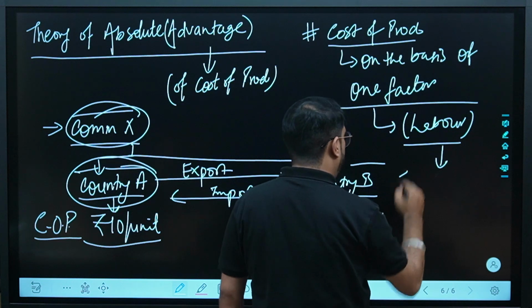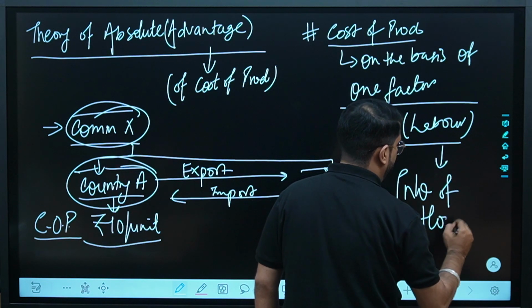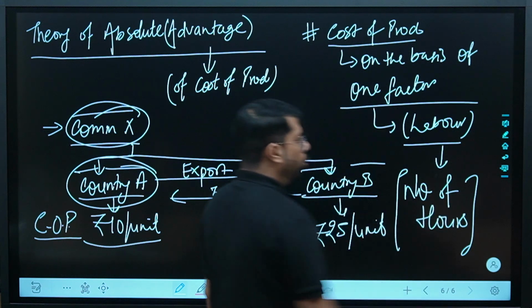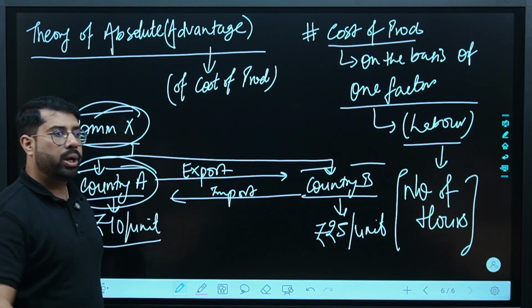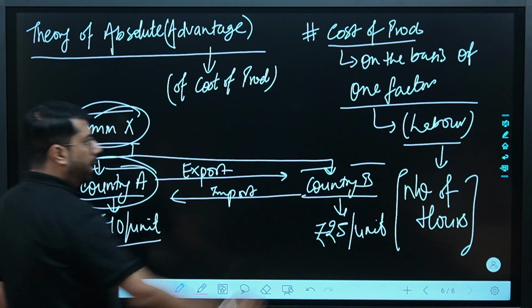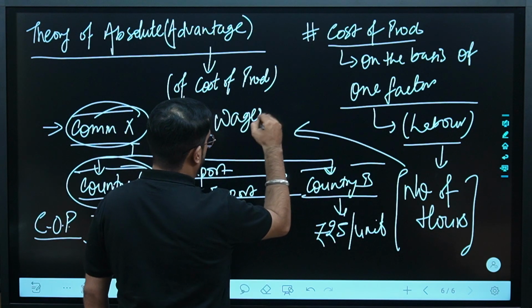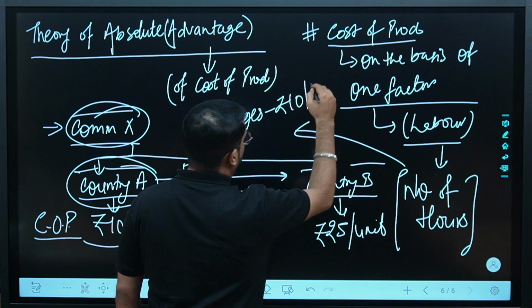To be more clear, that is how many number of hours I am investing to produce 1 unit of commodity X. Let us say the wages for labor is rupees 10 per hour.